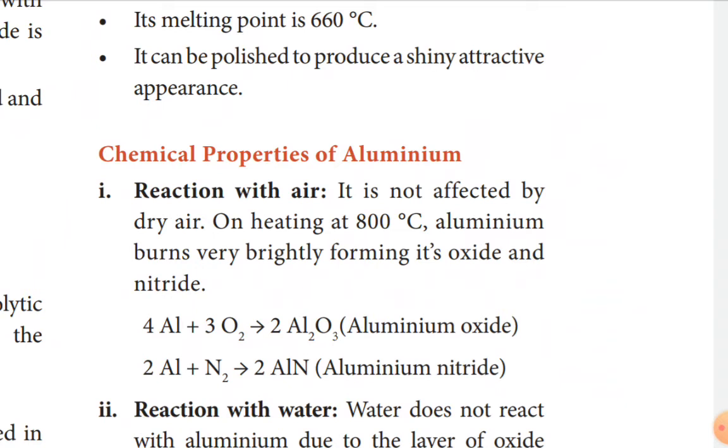But when you heat aluminum at 800 degrees Celsius, it burns brightly to form aluminum oxide: 4 moles of aluminum with 3 moles of oxygen gives 2 moles of aluminum oxide. Similarly, aluminum burns in nitrogen to give aluminum nitride when heated.